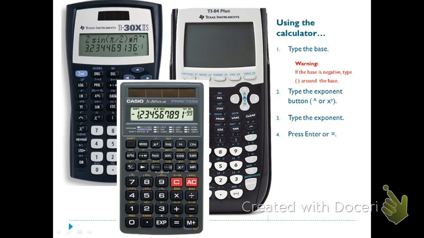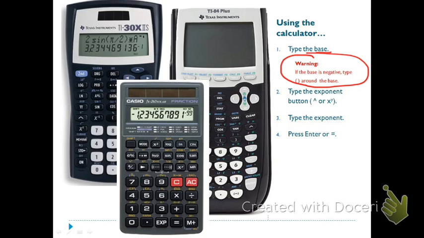If you do have the luxury of using a calculator, solving numeric exponents can be pretty easy. To type it in the calculator, you'll first start with typing the base, the bottom number, into your calculator, whatever number that might be. Now warning, because this will change your answer significantly: if the base is a negative number, you will need to put parentheses around it.